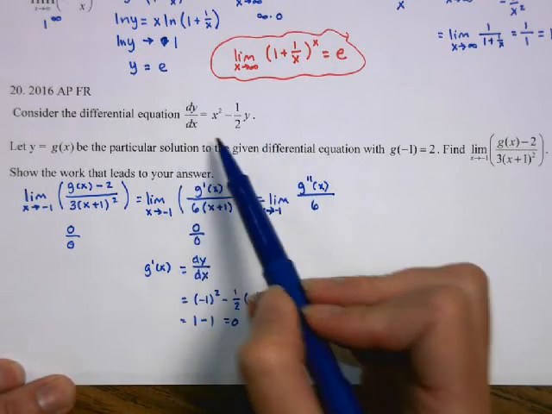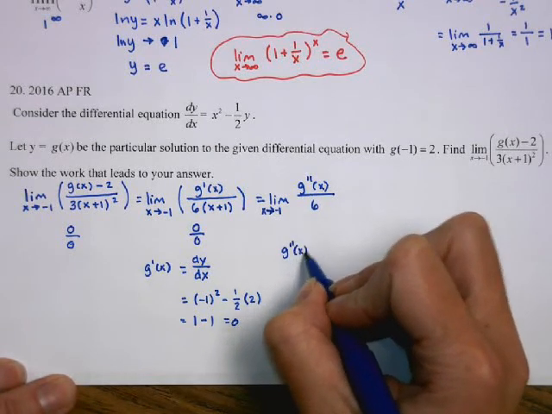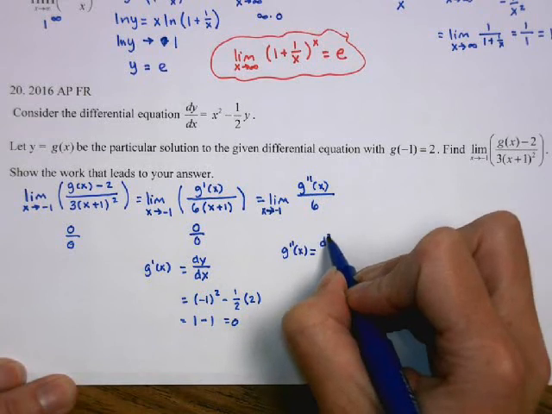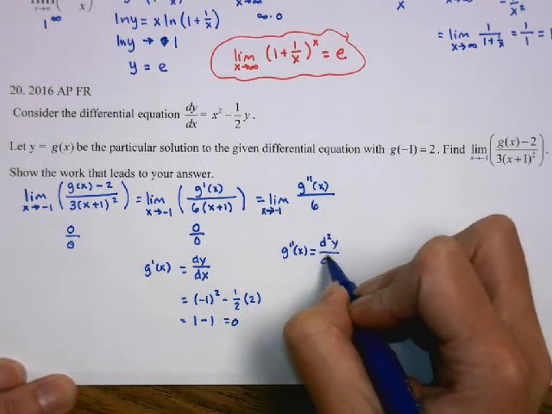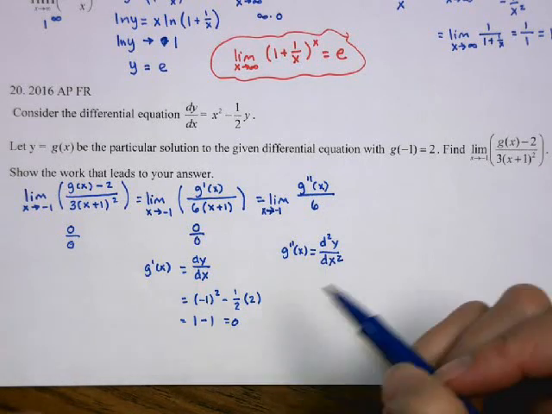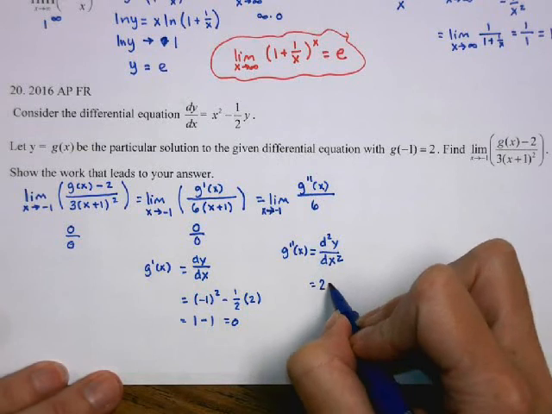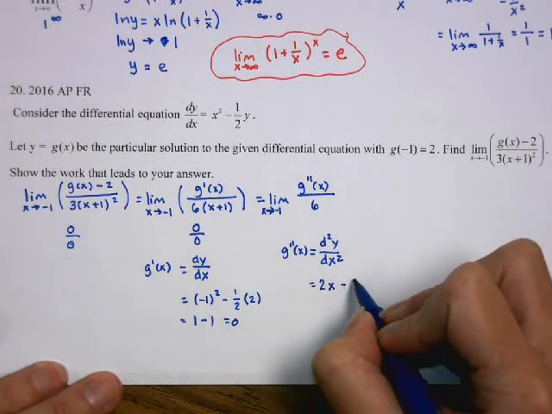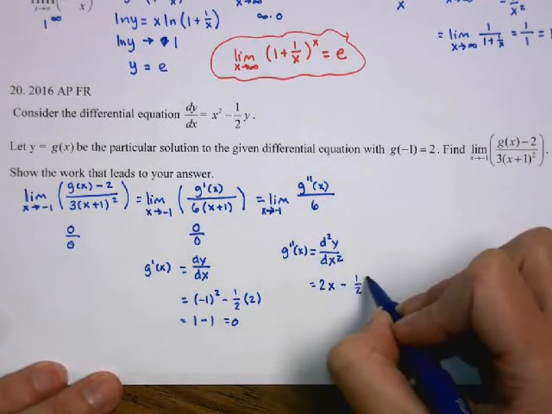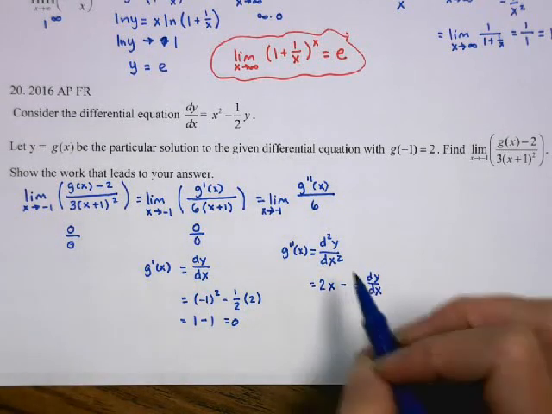So we need to take this derivative again. The second derivative is the derivative of that, so this is going to be 2x minus 1/2 dy dx.